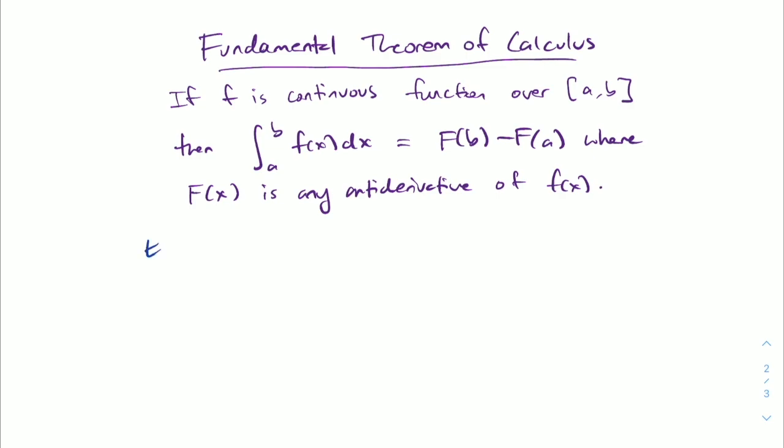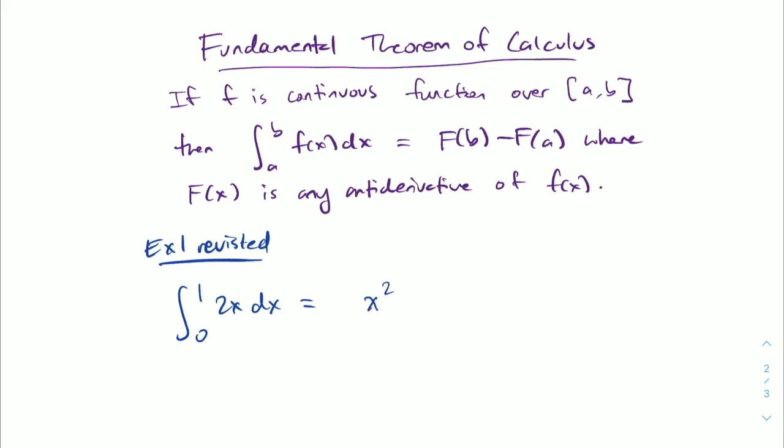So we're going to revisit example 1. We're going to compute the integral from 0 to 1 of 2x dx. Okay, so the fundamental theorem says all I need to do is antiderive this 2x, antiderive f, and then I can put in b, I can put in a, and take the difference. So I just got to figure out what the antiderivative of 2x is. The antiderivative of 2x is x squared.